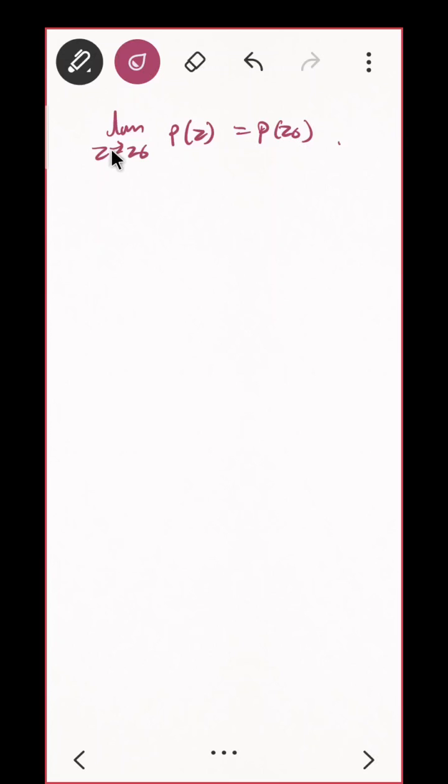Okay. So now let us do the next part. Limits at infinity.